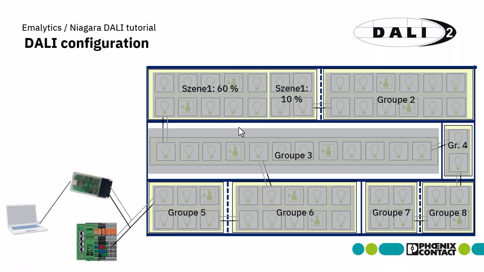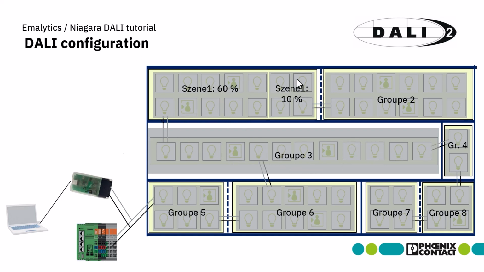We will now start with the chapter which is especially for system integrators, and we will learn how to integrate a DALI system into Emalytics automation. In our floor example, we already talked about that we have some luminaires we want to group. We have some luminaires in this group we want to control over scenes.